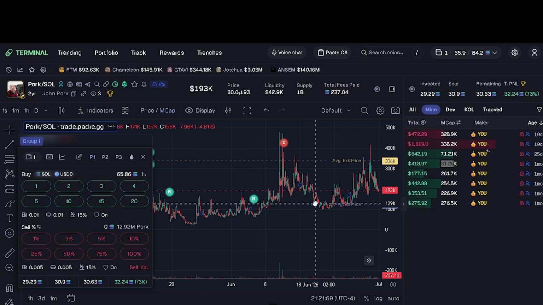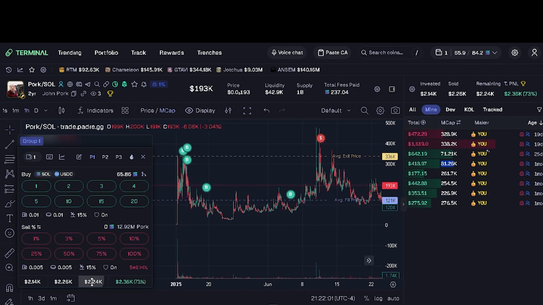And that's the same principle I'm using in this John Pork trade, right? So let's use money since people don't know about Sol like that. So I put $2,100 into this coin, right? On the DCA down.